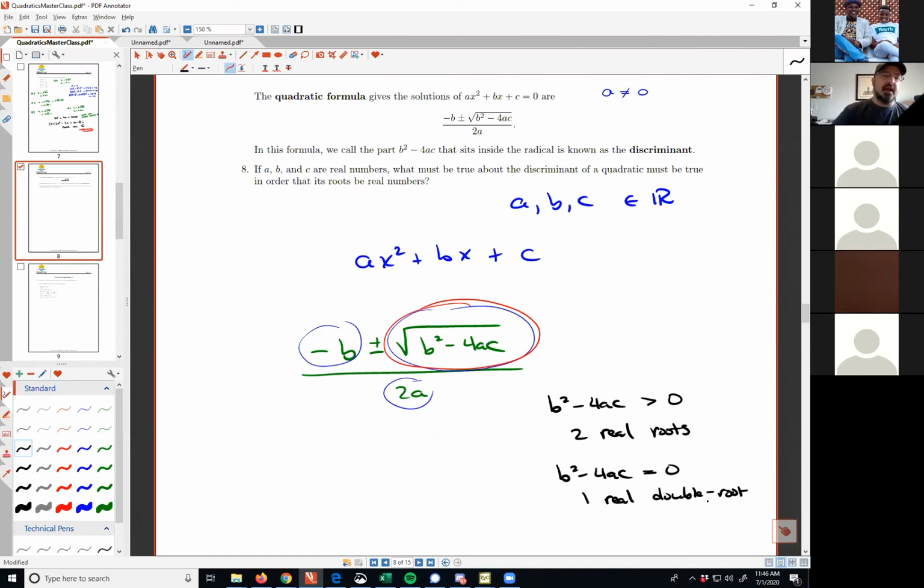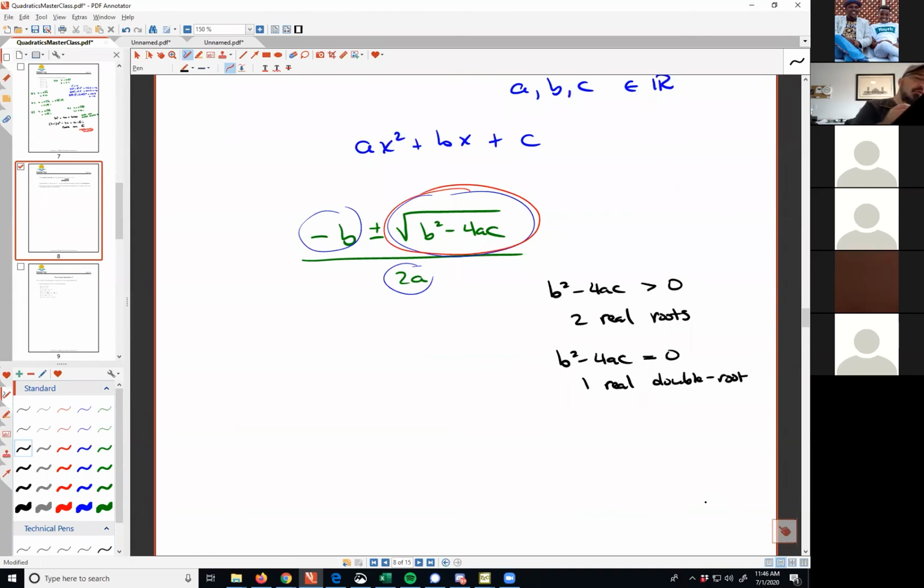So anyhow, we have 2 real roots or 1 double root, or, if b squared minus 4ac is less than 0, then we have 2 non-real complex roots. Why didn't I just say complex roots? Why did I need to add the word non-real? Because real numbers are also complex.